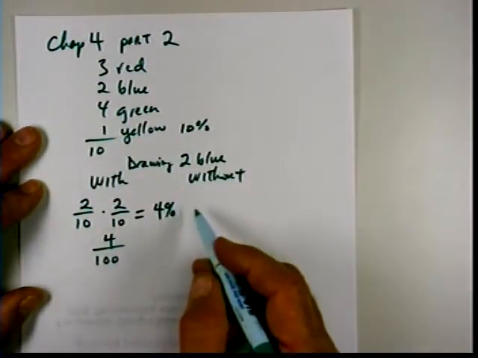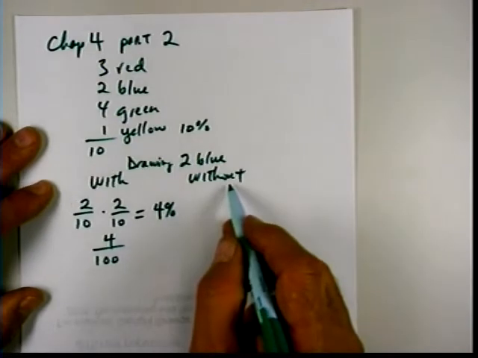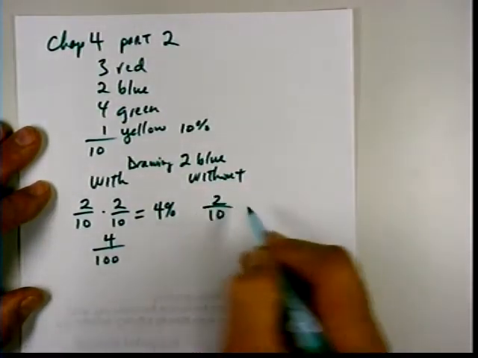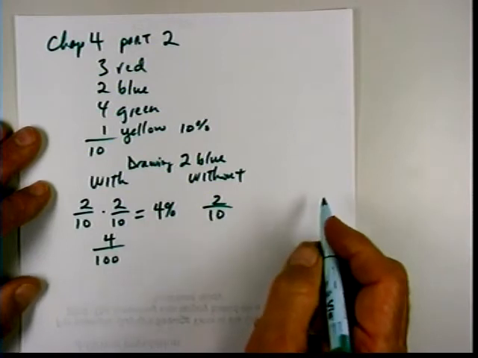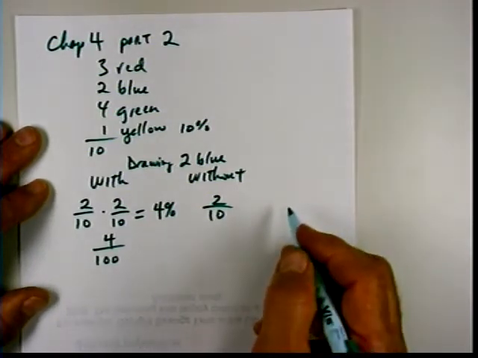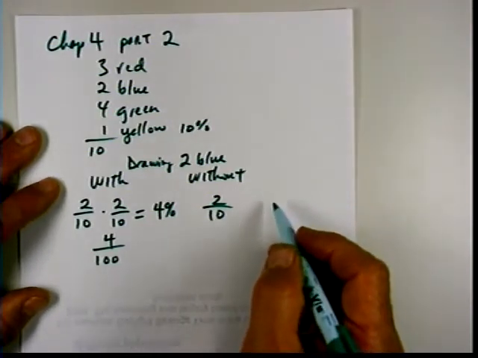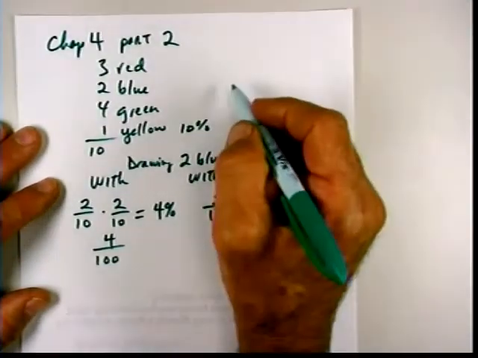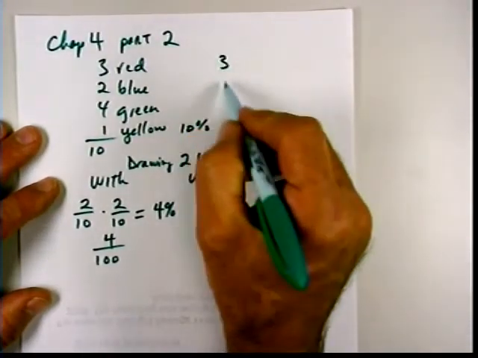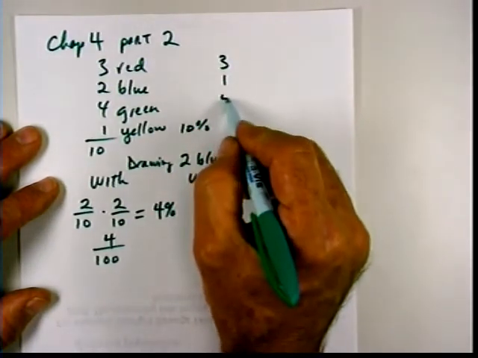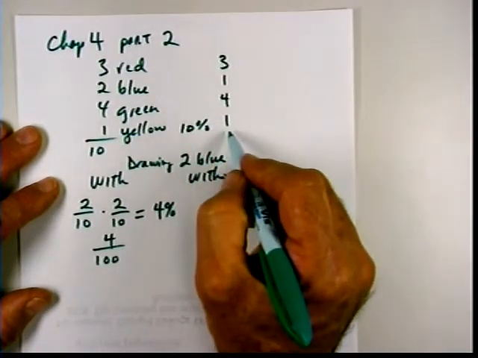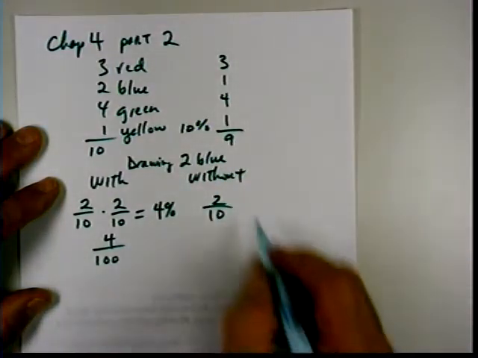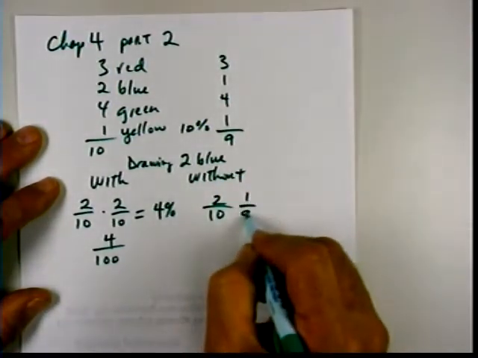Okay? If I don't replace them, then for the first marble I have a 2 out of 10 chance of drawing the blue one, and since I did not put it back in, I've got 3 red, 1 blue, 4 green, and 1 yellow. So I've only got 9 marbles in there, so I've got a 1 out of 9 chance.